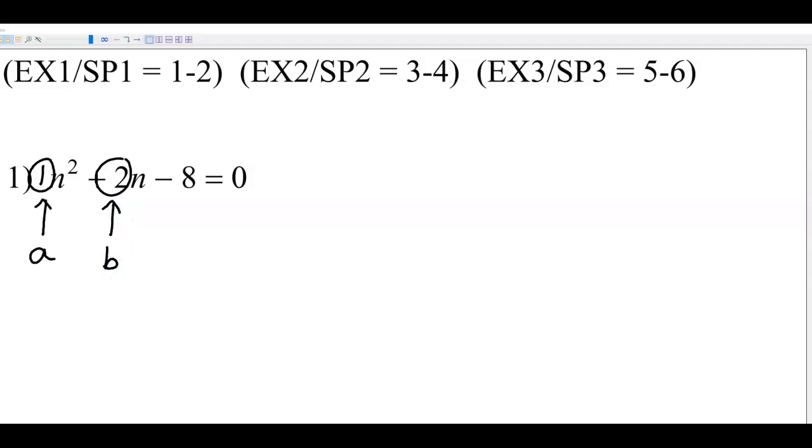And then finally, the one without a letter next to it, that's your C. And notice I included the negative with it because the signs are part of it. So your A is 1, your B is 2, your C is -8.